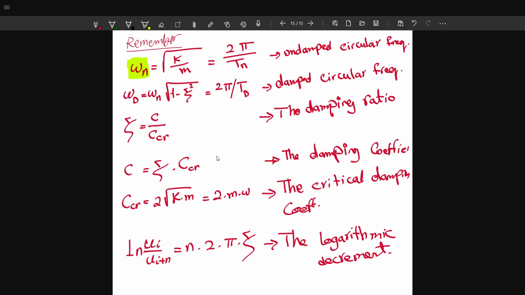So the natural period, the undamped circular frequency and the damped circular frequency, the damping ratio, the damping coefficient, the critical damping coefficient, and then the logarithmic decrement. They are important to know and you need to remember them well.